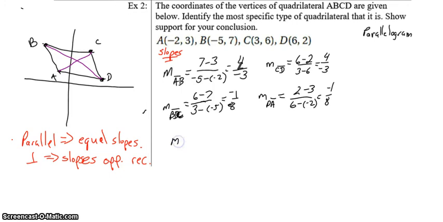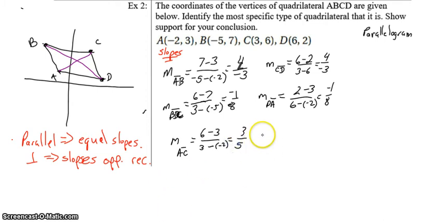Well, what's the slope of AC? So AC would be the y values 6 minus 3, x values 3 minus negative 2, 3/5.